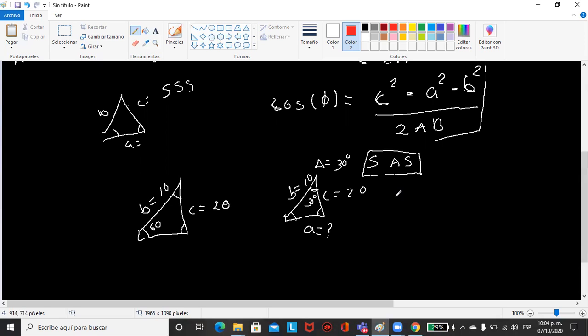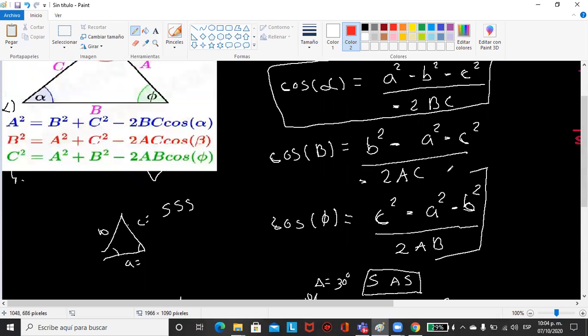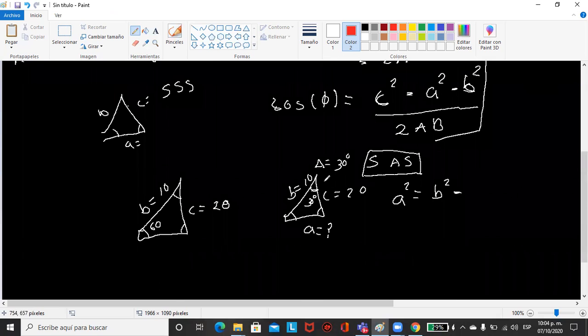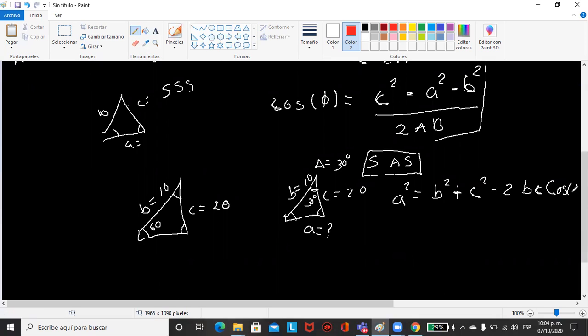So let's write the formula. A squared is equal to B squared plus C squared minus 2 times BC, the cosine of alpha. Okay, the cosine of this opposite angle.